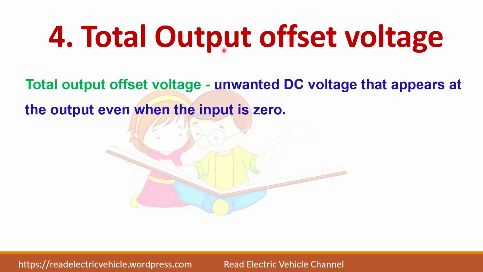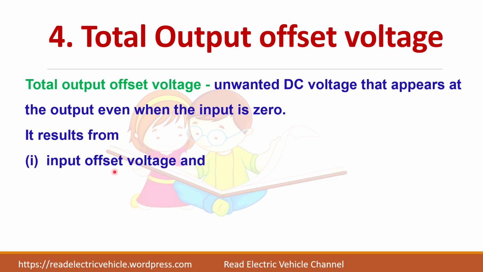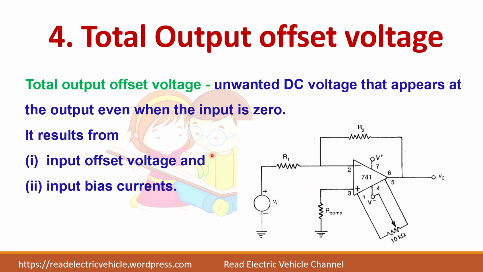Next is the total output offset voltage. So far we have seen two reasons for the output voltage when the input is 0. One is due to the input offset voltage, another one is the input bias current. These offset voltages can be compensated. In an op amp, you can find the first pin and fifth pin as offset null pins. You can nullify this output voltage by connecting a resistor across these terminals and adjusting it to bring the output voltage to 0.